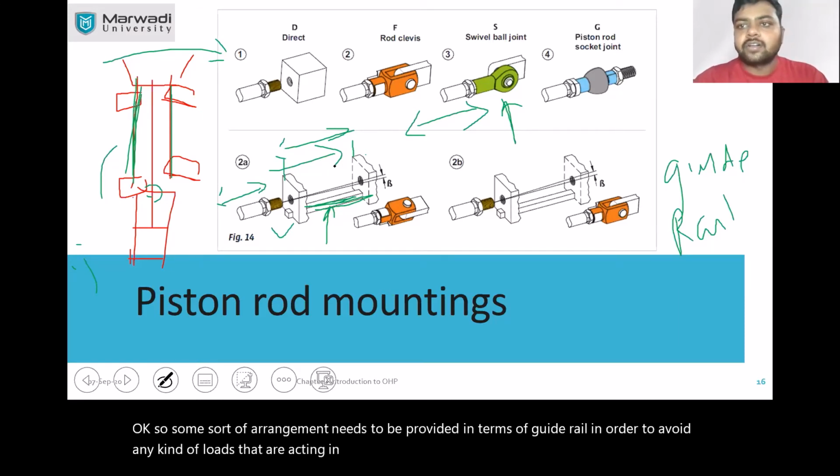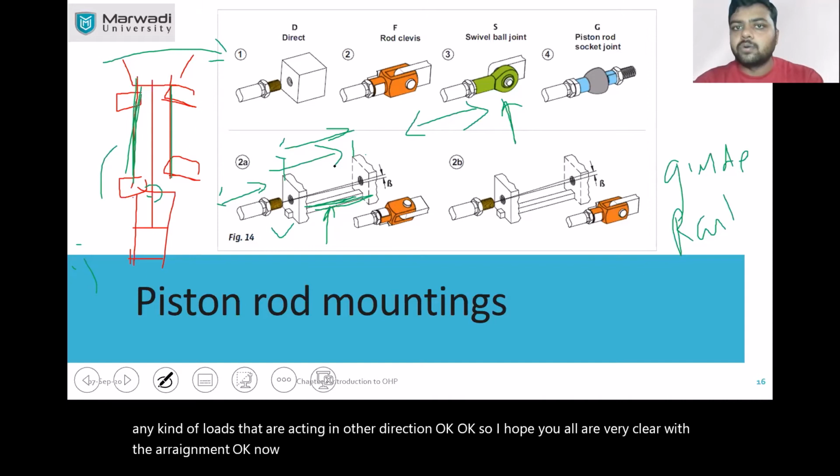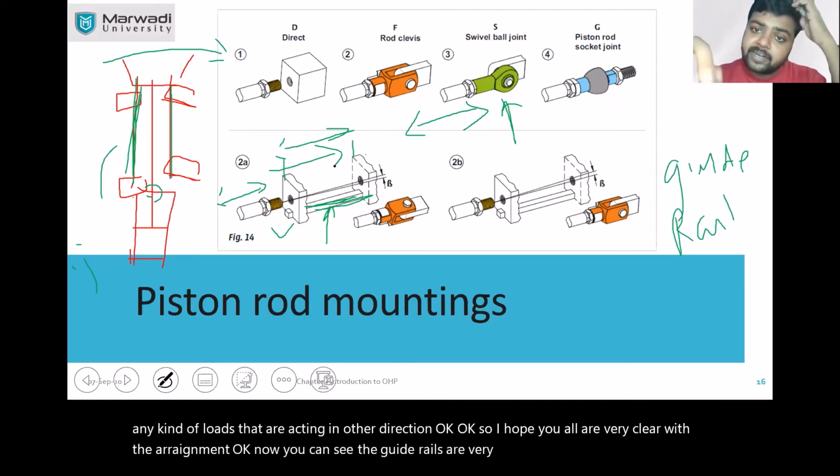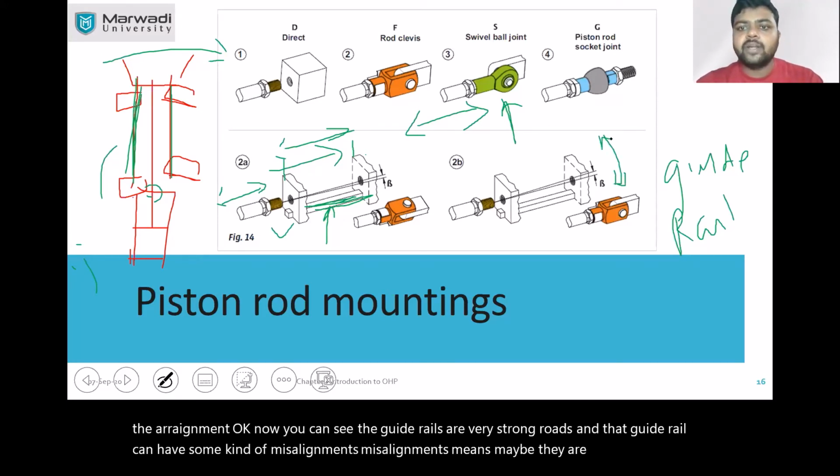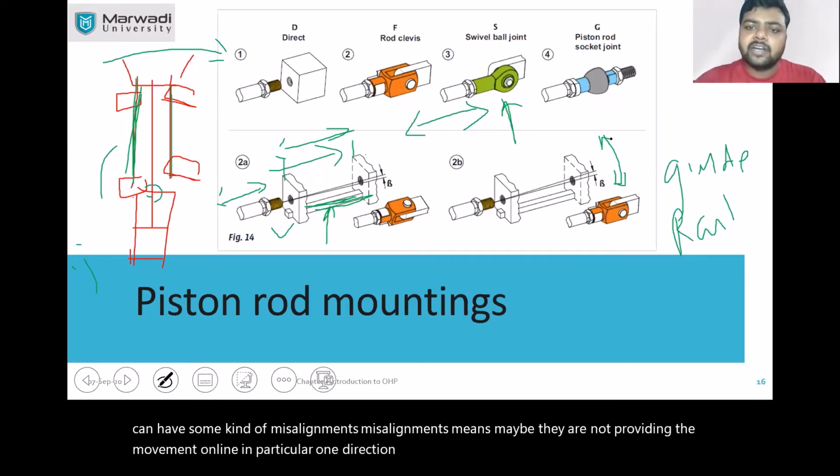Okay, so I hope you are all very clear with the arrangement. Now you can see the guide rails are very strong rods, and that guide rail can have some kind of misalignment. Misalignment means maybe they are not providing the movement in only one particular direction, because there can be an issue in the alignment of the guide rail itself.